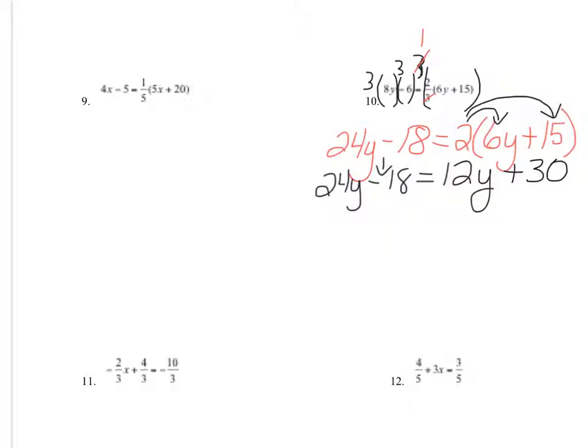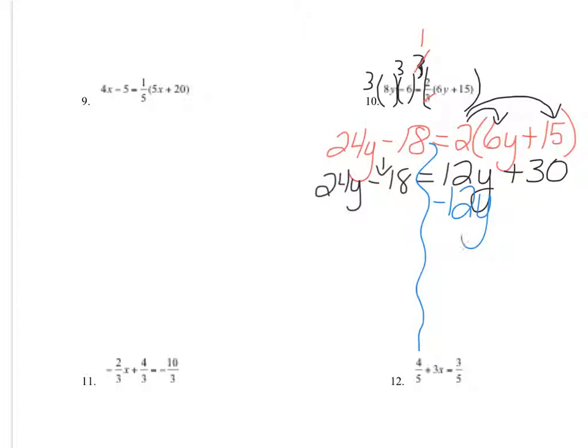Okay, now I'm going to draw my little river. I want to combine my like terms that are on opposite sides of the river by doing opposite operations. Okay, I'm going to do my variable terms first. I'm going to move my 12y and combine it with my 24y by doing the opposite.